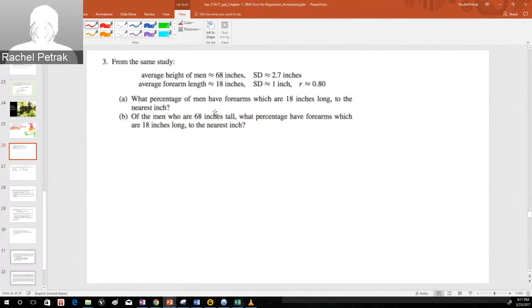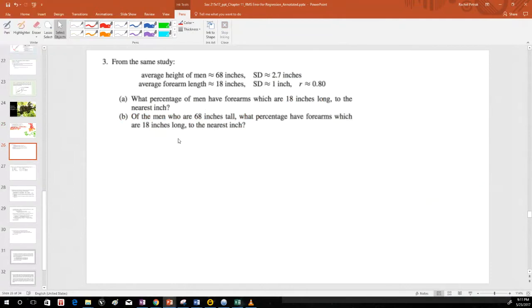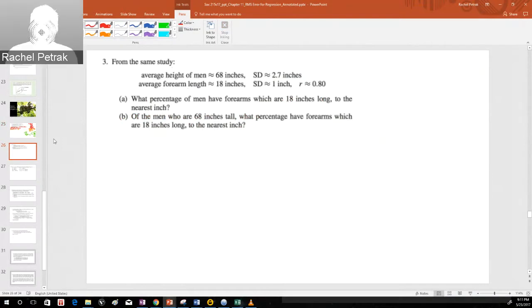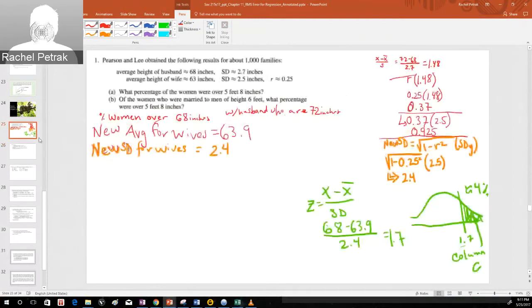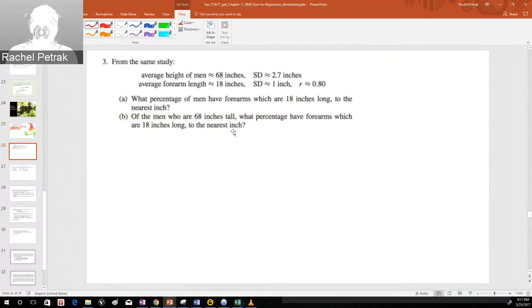So the percentage of men that have forearms which are 18 inches long to the nearest inch. Well, before we were looking at the percentage that were over a certain point.